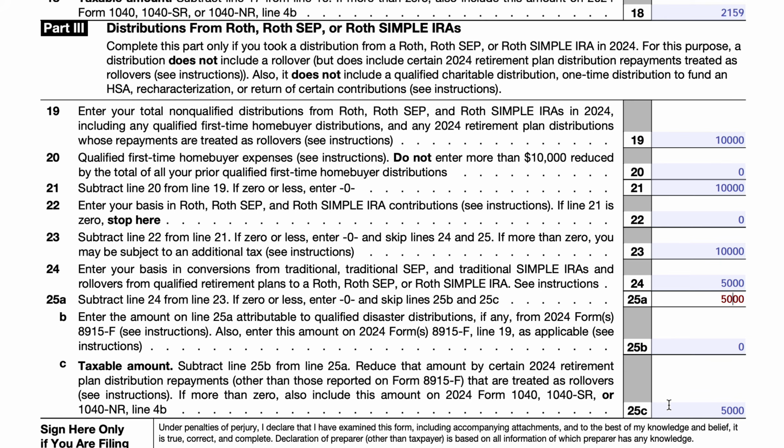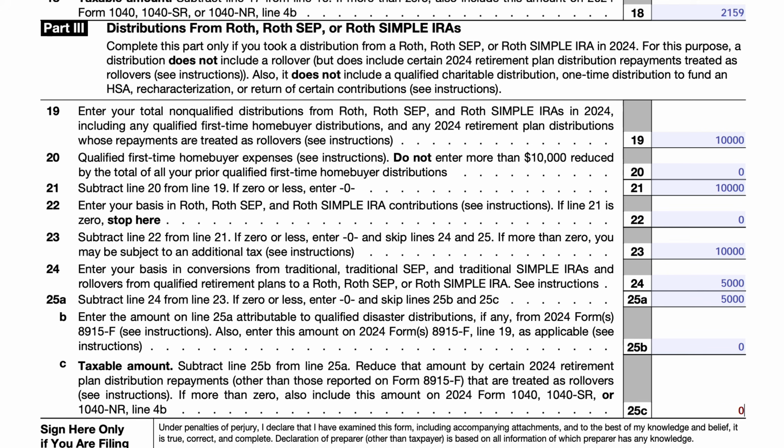Yes, this would be a distribution from a Roth IRA. Again, most people who have had a Roth IRA for greater than 5 years that are pulling out money that's been in there for at least 5 years and who are either 59 and a half or meet one of the early withdrawal exceptions, all of this is going to result in zeros.